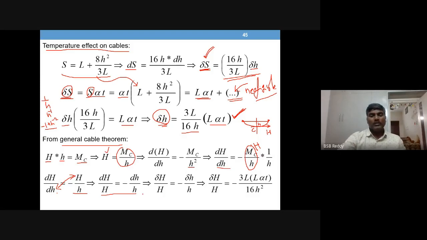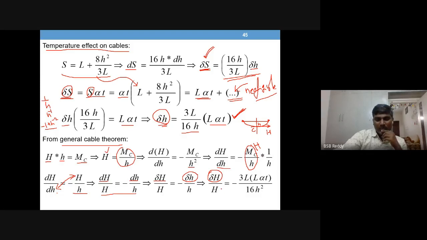Again the same concept: differentiation is changed to the deformation quantity delta, since we want change in values. So delta H by H is equal to minus delta h by h. We already know how to calculate delta h. Now what we want is the change in tension value, the change in cable tension. We will find that from this expression.